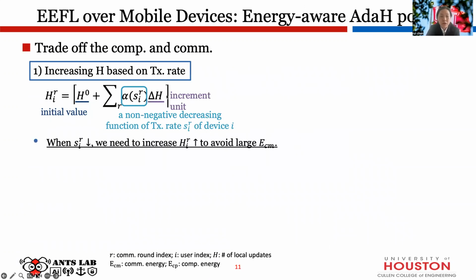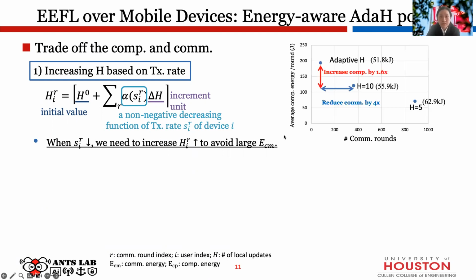The increasing H policy will adaptively change the increasing speed according to different wireless conditions to avoid large communication energy. And here the preliminary result shows that the adaptive edge policy has a better trade-off between computing and communication, so it has smaller energy consumption compared with the fixed edge policies.